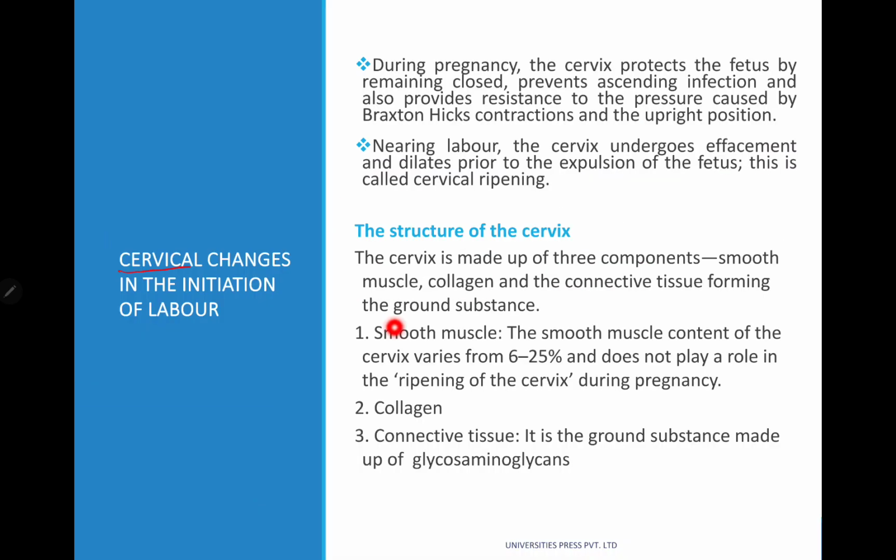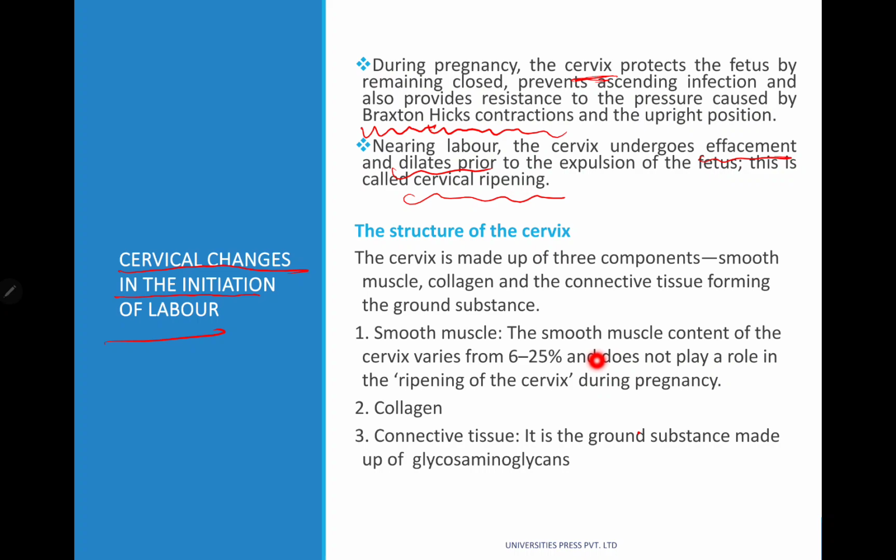So what are the cervical changes in the initiation of labor? During pregnancy, the cervix protects the fetus by remaining closed. It prevents ascending infection and also provides resistance to the pressure caused by, as I told you, the Braxton Hicks contractions. During labor, the cervix undergoes effacement and dilates, and that is known as cervical ripening.